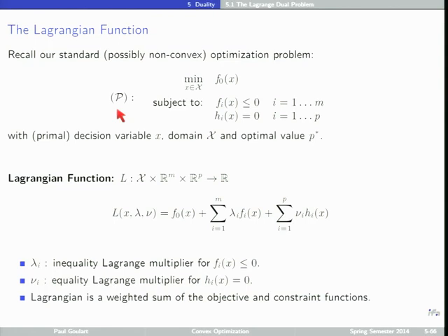So I'm writing first my primal problem, or original problem, and in a few slides we'll come to a counterpart for this problem, which will be called the dual. They form a pair. So we start with one side of the pair, the primal one. Let's suppose that I solve this problem and get an optimal value, and I call that optimal value P star, because it's the primal optimal value.